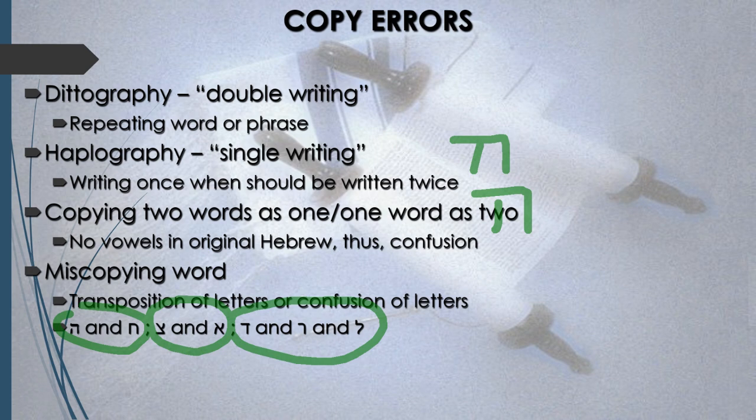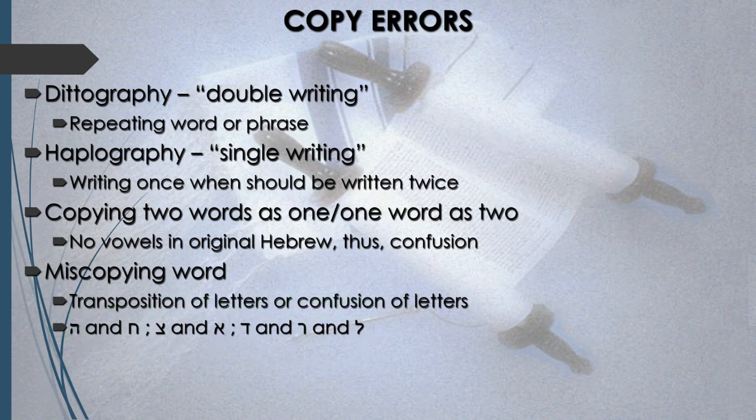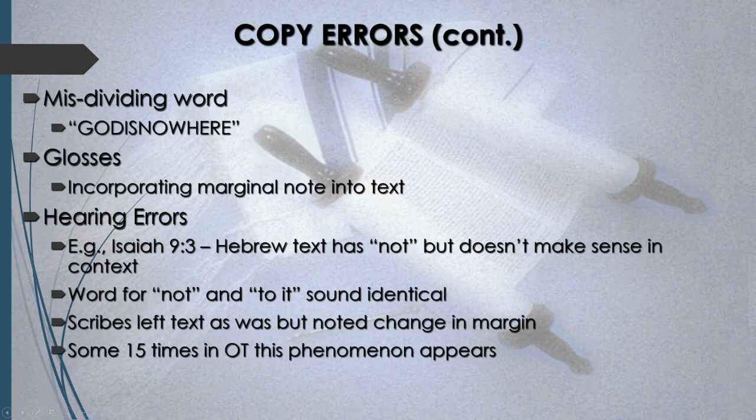So the mistakes that could be made there are, hopefully it's obvious, that you could look at one and copy the other, because there are some similarities in the way that the letters look. So that's one of the other ways you could do that.